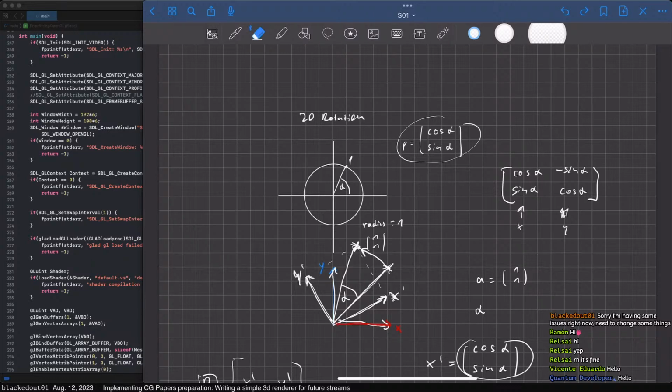Wait, can you see what I'm doing here, or is the screen frozen? I'm not sure. Okay, that's a bit weird.